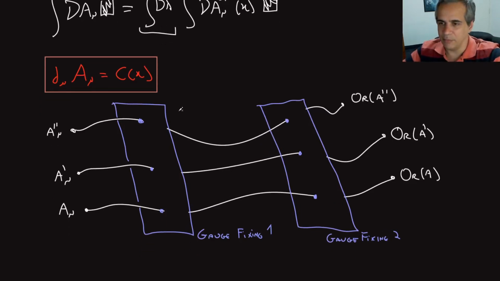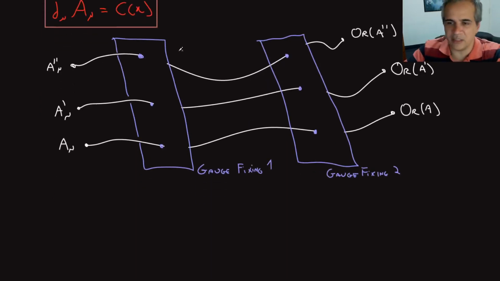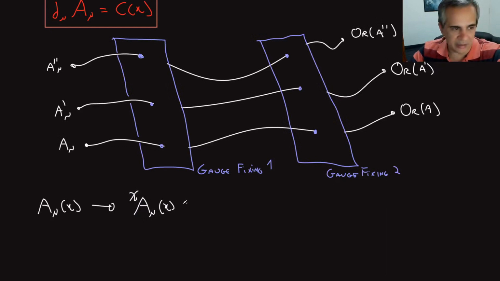Let's start by parameterizing the orbits, right? So I can write an orbit by making a gauge transformation, take one of these fields, right? And gauge transform it to, I'll use this notation, A mu of x, chi, right? So I'll put a chi here, which is the parameter of my gauge transformation, A mu of x plus del mu chi of x. So chi of x is what I was calling lambda before.